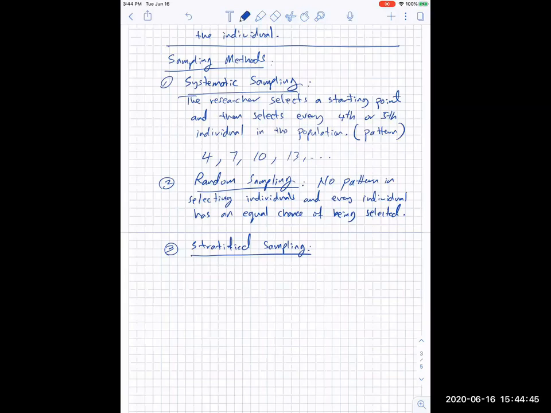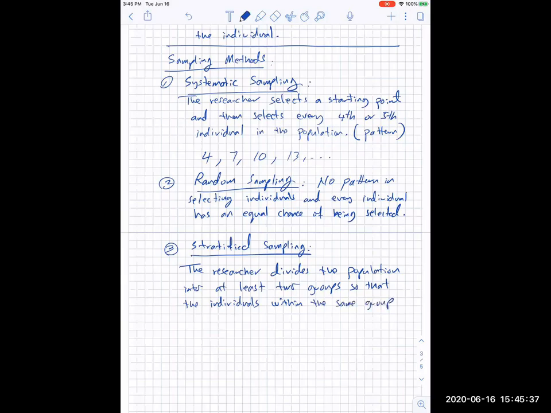So this is what happens. The researcher divides the population into at least 2 groups so that the individuals within the same group have the same characteristics, or they have a common characteristic.